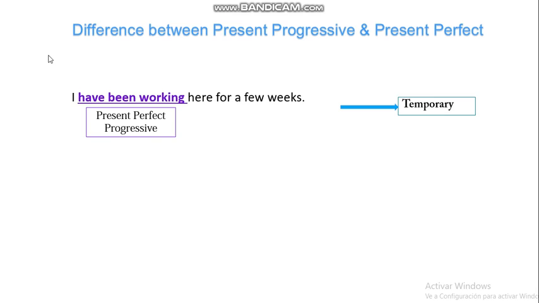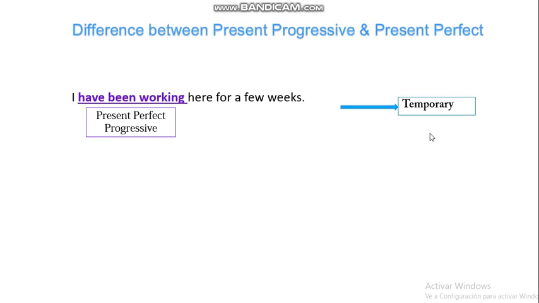Okay, the difference between present perfect progressive and present perfect. When we use the present perfect progressive, we can say, I have been working here for a few weeks. That's the present perfect progressive, which is temporary. What does temporary mean?